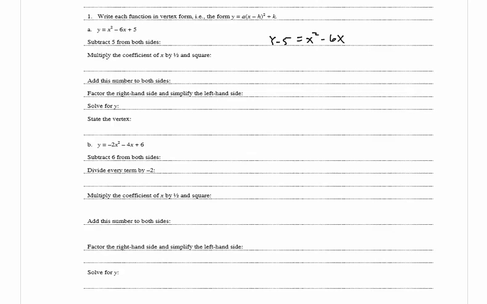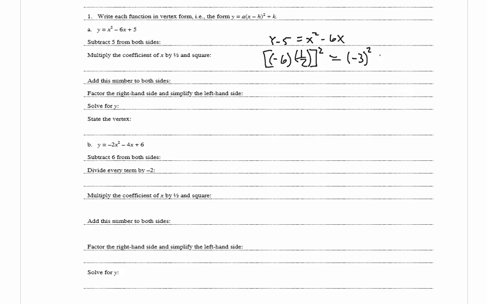And now we want to multiply the coefficient of x by 1/2 and square. So the coefficient of x is negative 6. So we have negative 6 times 1/2, and then we want to square it. Negative 6 times 1/2 is equal to negative 3.